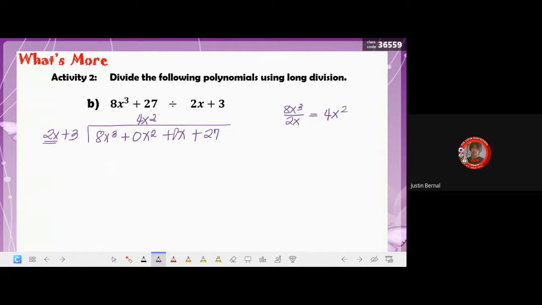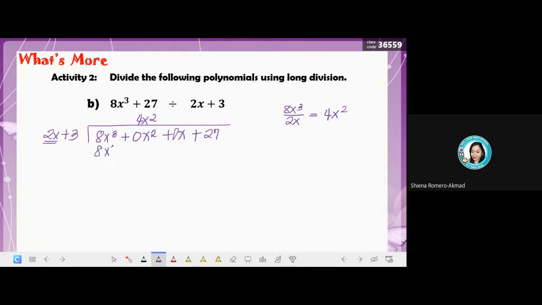Okay. So, 4x squared times 2x is 8x cubed. Bibilisan na lang natin.